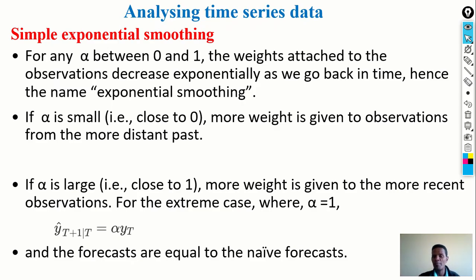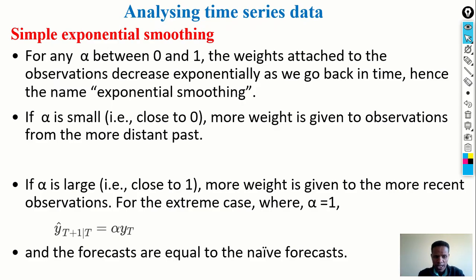Hence the name exponential smoothing, because the weights given for the oldest observations decrease exponentially. If alpha is small, close to 0, more weight is given to observations from the more distant past, because 1 minus a small number is a higher number.